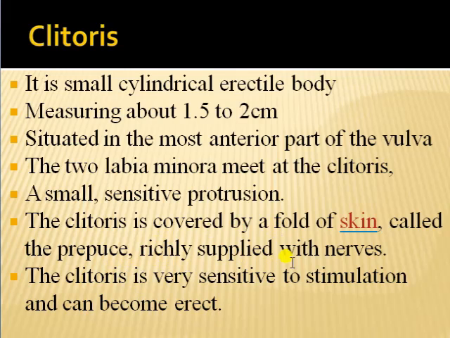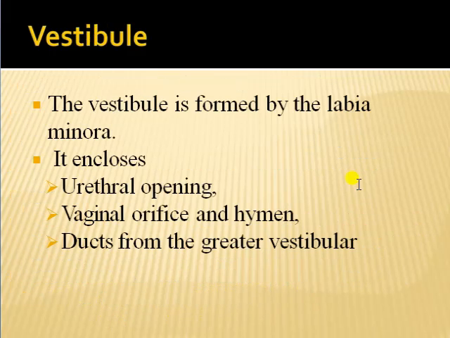It is richly supplied with nerves and is very sensitive compared to the labia minora. The labia minora also have nerves, but the clitoris is more sensitive. The clitoris is very sensitive to stimulation and it can become erect. This is the most erectile part of the female reproductive system. Vestibule.